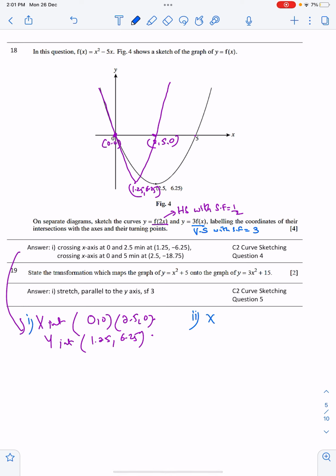For the second part, x intercepts will be the same, 0, 0 and 5, 0, and the y intercept is going to be, the x coordinate will remain the same, which is 2.5, and the y coordinate will be 6.25 times 3. Okay, so the graph, if I have to draw it, 6.25 will be thrice this distance. Okay, 1, 2, thrice. Assumingly if this is the distance, this is the point. Okay, so the graph is going to be like this.